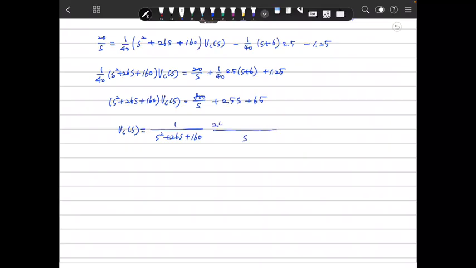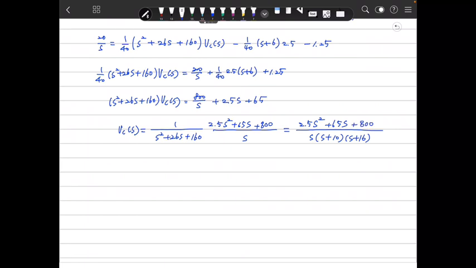S was 2.5 s squared plus 65s plus 800. So we can simplify this: s and s plus 10 and s plus 16, and 2.5 s squared plus 65s plus 800.